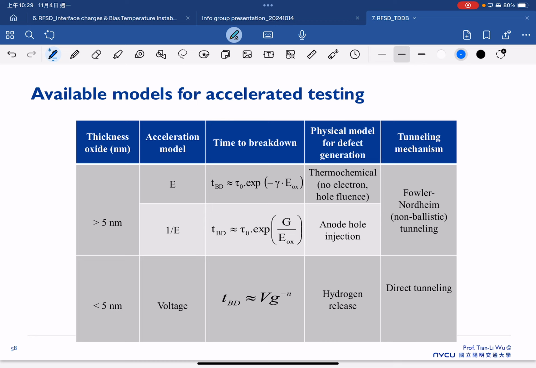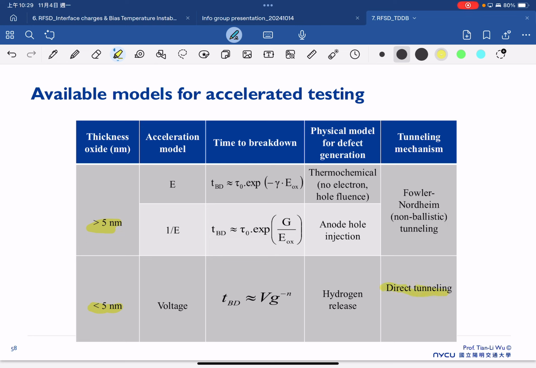Basically, we have two different cases. One is thickness larger than 5 nanometer, and the bottom one is thickness below 5 nanometer. The reason we divide by this thickness is because we believe below 5 nanometer we have direct tunneling.